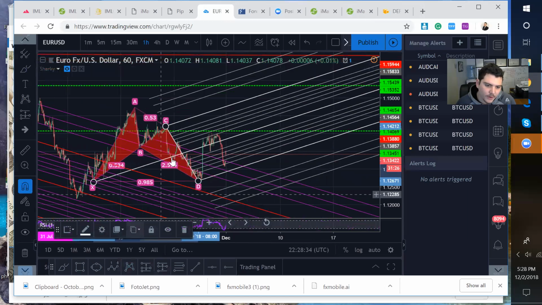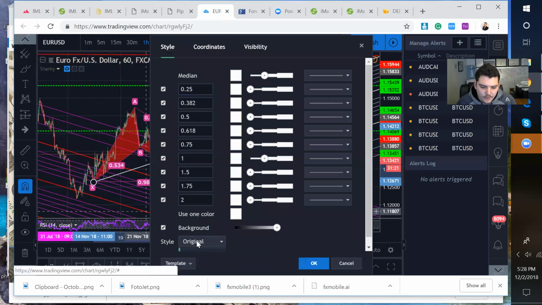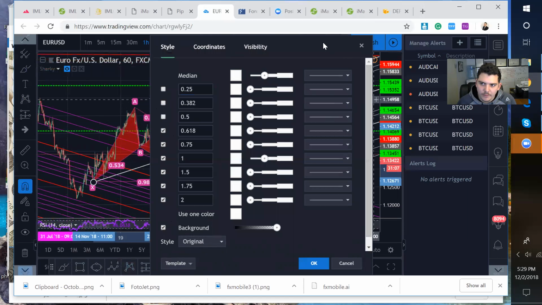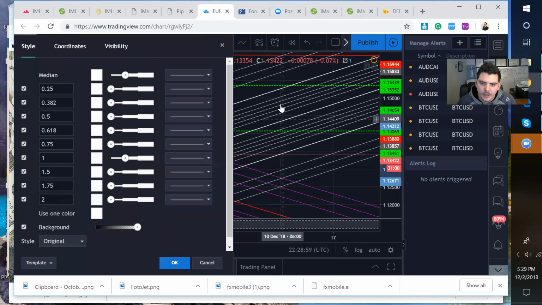Now, if you click on the fork and then the settings, you guys will have these as well. And if you click these, you will notice that there's lines disappearing within the fork. And so you can put these lines in here.